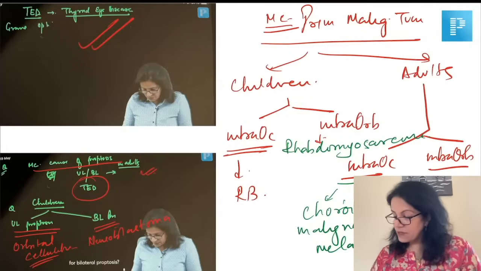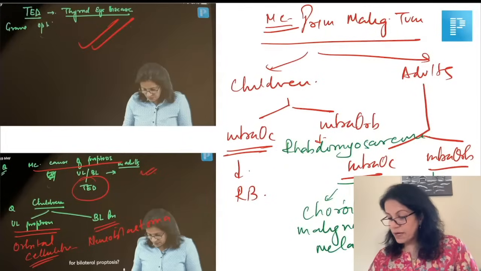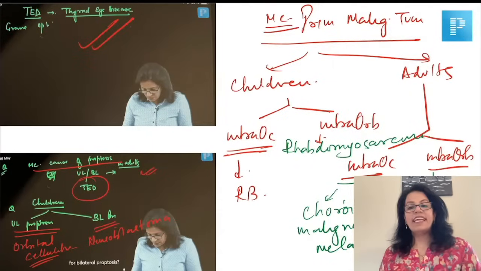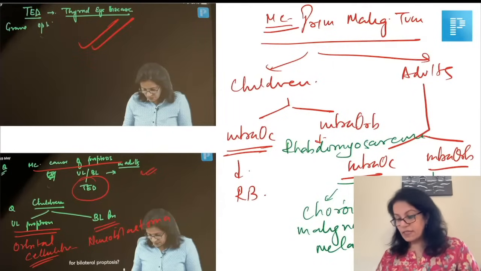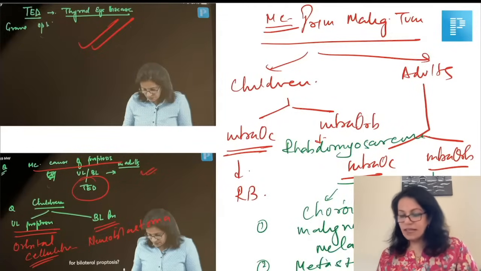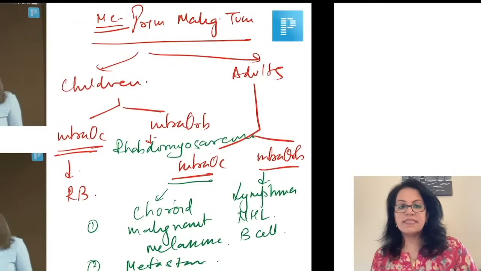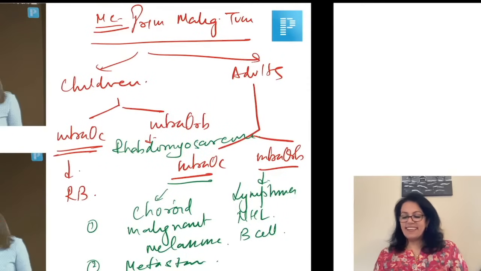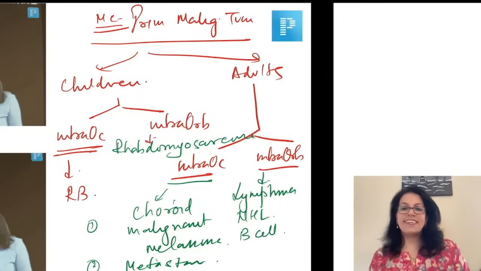And when you say intraorbital, we talk about lymphomas. If they ask you next year which type of lymphoma, non-Hodgkin. Which cell type? B. In intraocular, if this is not given, we can say metastatic. So this is what we have just written. Now you must remember this.